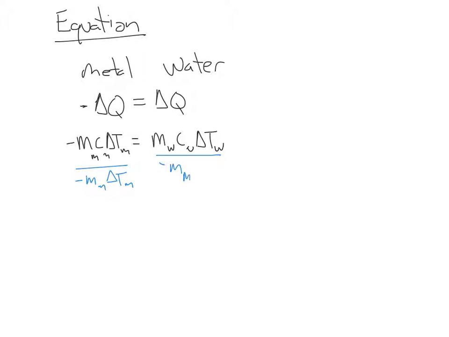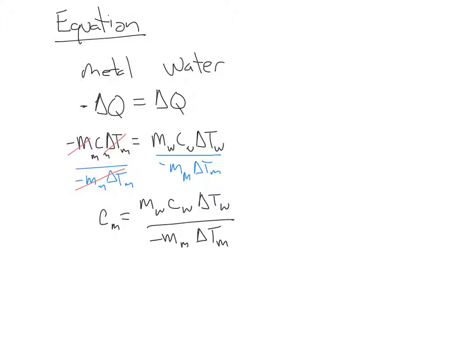So negative m sub m delta T m crosses out here and here, leaving me with the specific heat of the metal, which is what I want to find. And over on this side, I'm going to have m sub, oh, you've got to be careful with these subscripts. That's the mass of the water, specific heat of the water, change in temperature of the water, over the mass of the metal and the change in temperature of the metal.